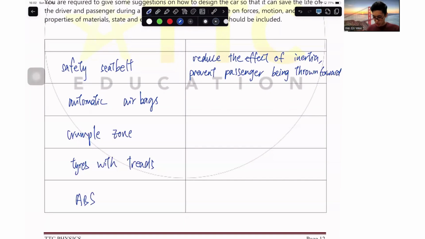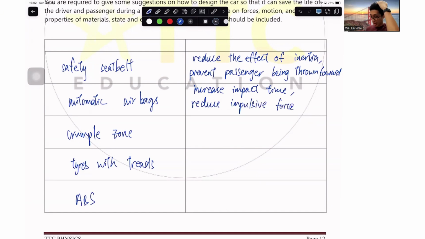Okay, prevent passenger being thrown forward. Yeah. Okay. Automatic airbag increases impact time, reduces impulsive force.